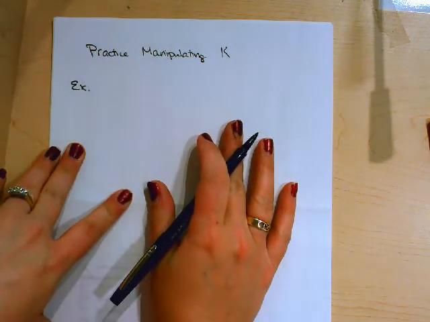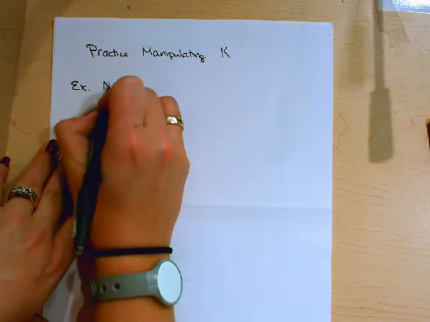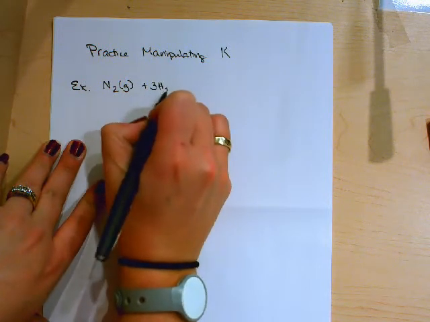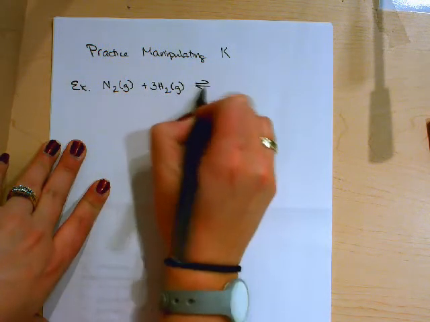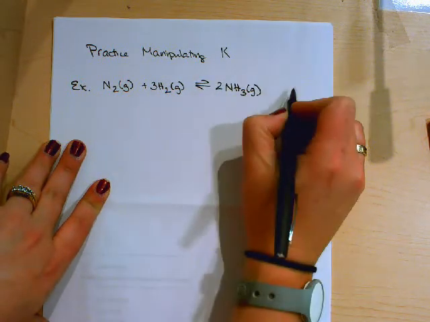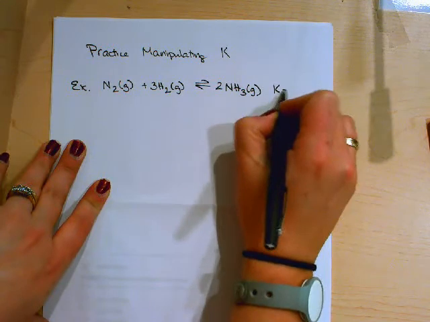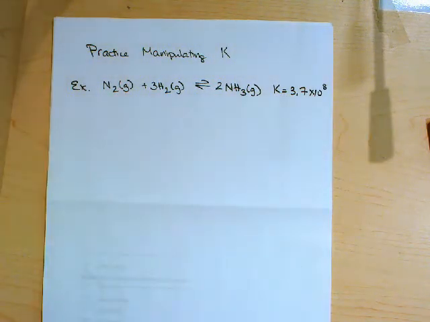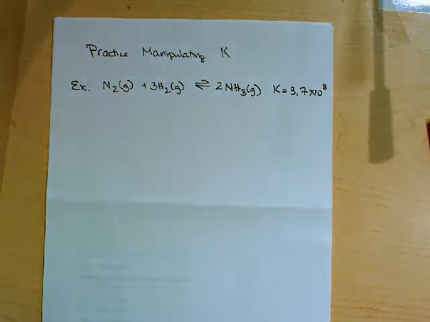Alright, so let's say, for example, I have this original equation. I have nitrogen and 3 hydrogens combined together to make 2 ammonia with a K of 3.7 times 10 to the 8.